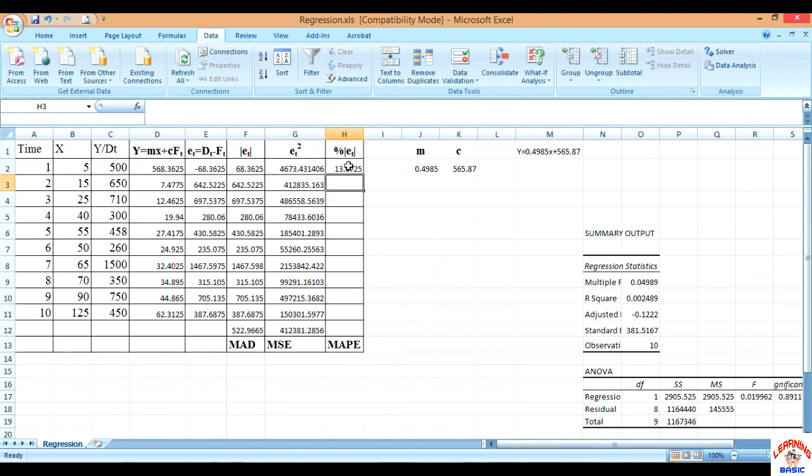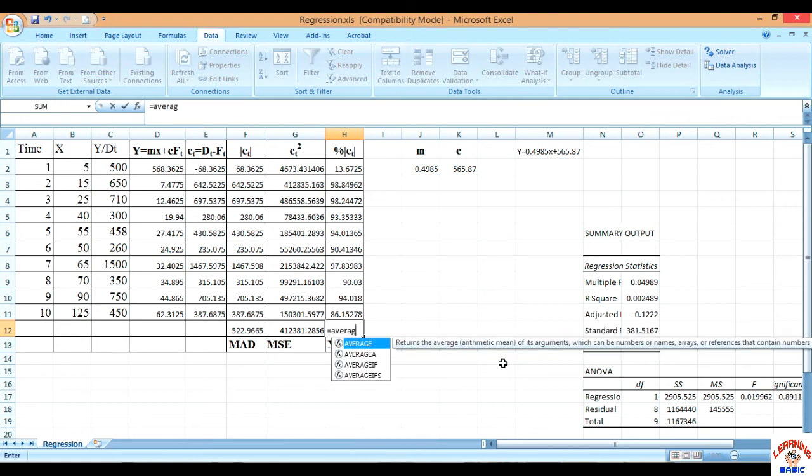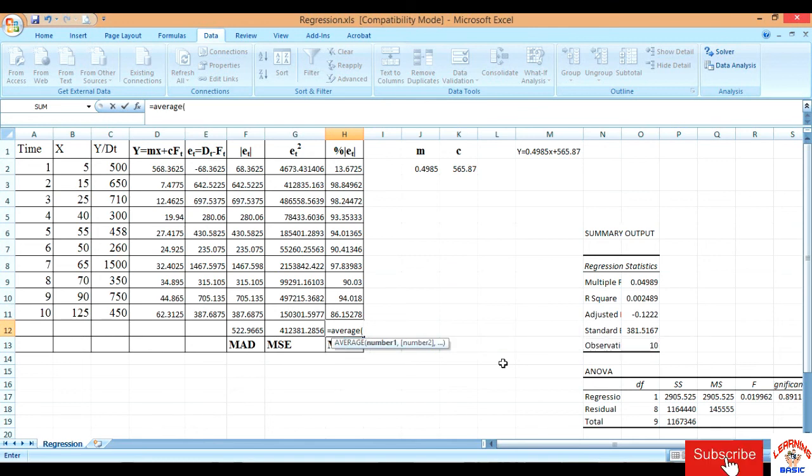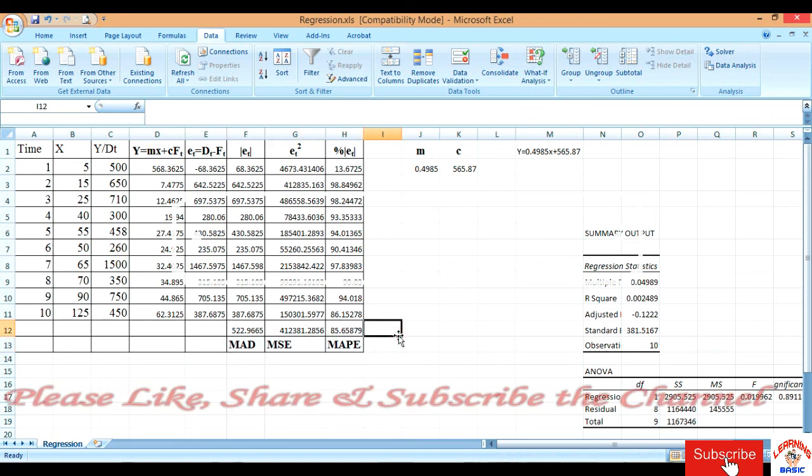So this is our value. Even for this we have the same formula, equals average of all these values, enter. So this is how we can calculate MAD, MSE and MAPE.